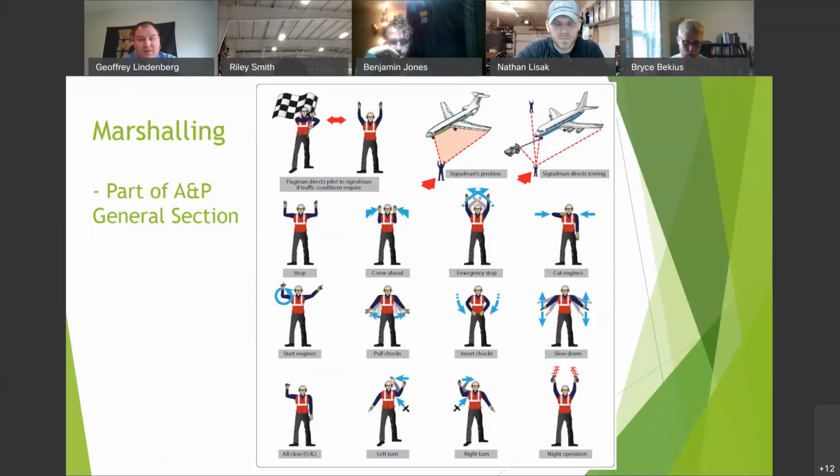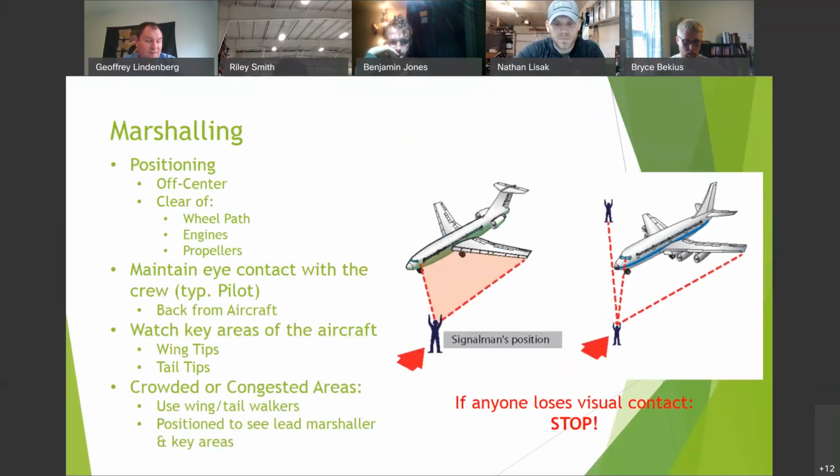So before we get into those, though, the biggest thing that I see with marshaling and with new students is understanding how to be safe while you're doing it, and the positioning and that kind of thing. And so what we have here are some examples of where FAA is old school. They still call it the signalman, but the signalman's position.